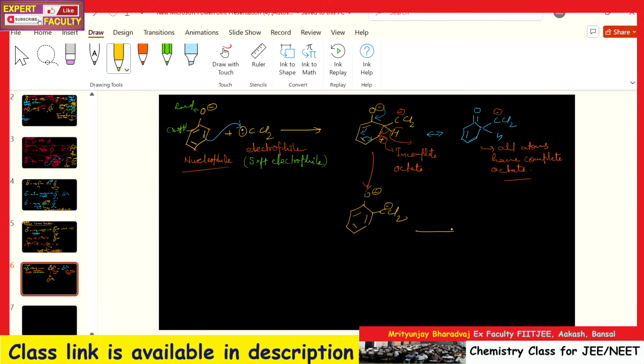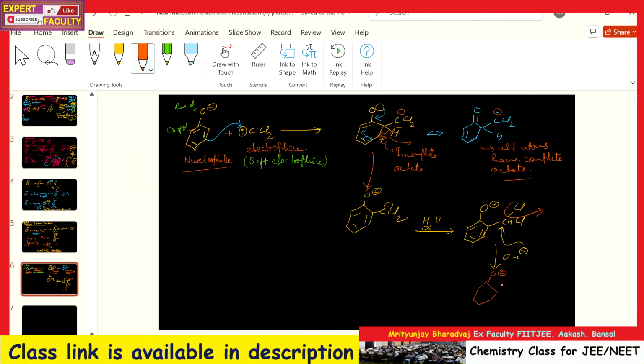So this negative carbon will take H plus from the water and become O minus CHCl2. Now the condition is basic, so OH minus will attack the carbon. When there is nucleophilic attack from OH minus, the chlorine will leave. What will happen?